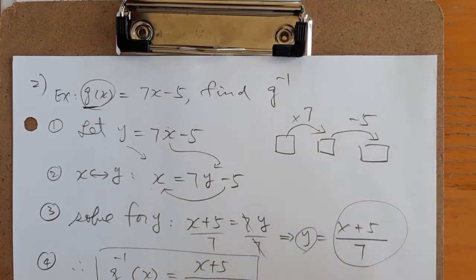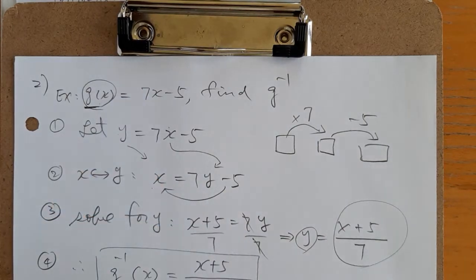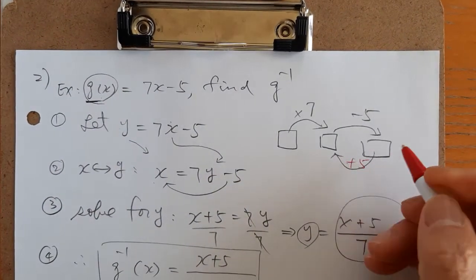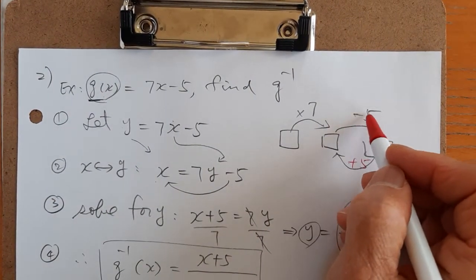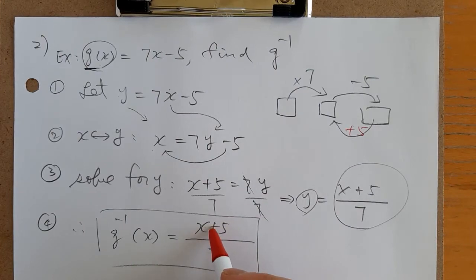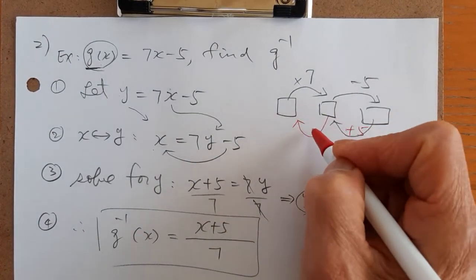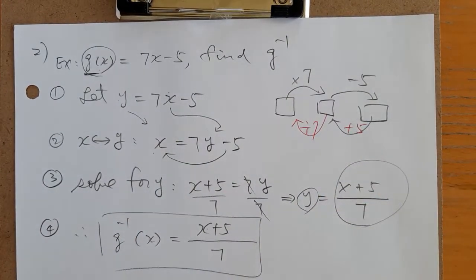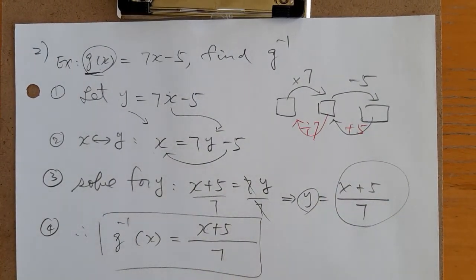The inverse operation of minus 5 is add 5, and the inverse of multiplying by 7 is dividing by 7.